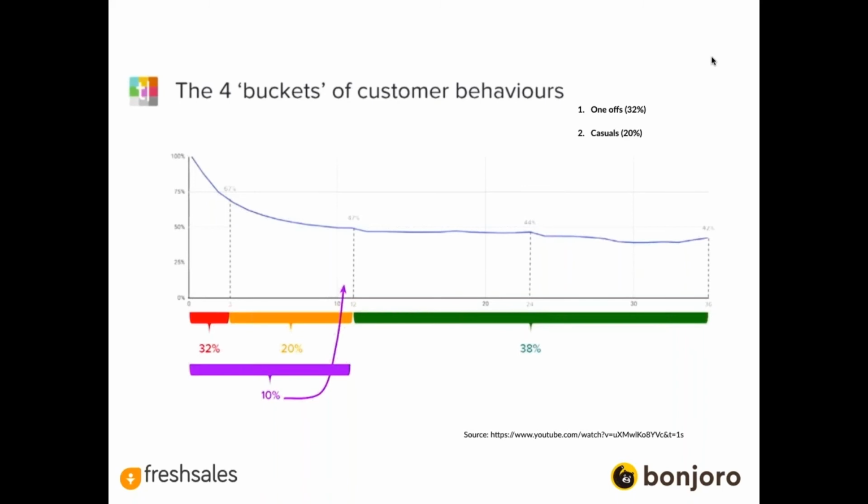Casuals, people who would use it once in a while, maybe come back every few months, so they wouldn't just cancel and never come back, but they'd come back occasionally. Reactivators, and then stickies. Based on usage, they were able to segment their user base into these 4 buckets.